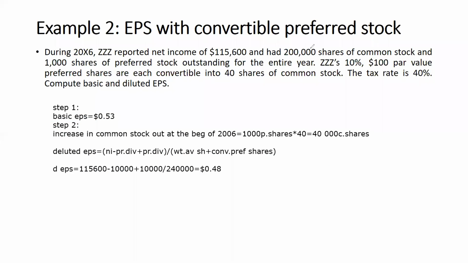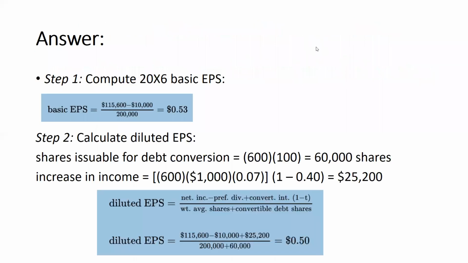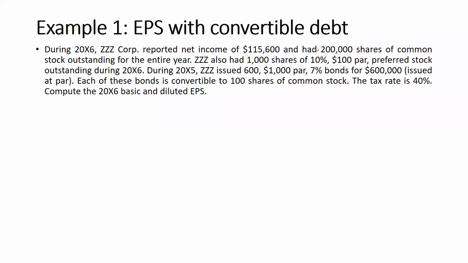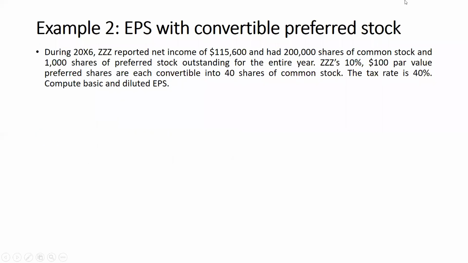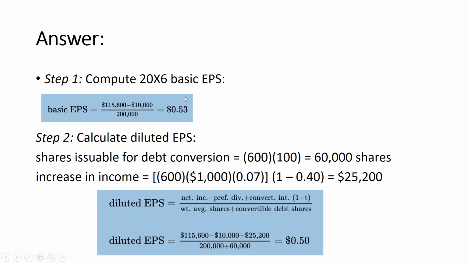You wrote the same, but also you wrote basic EPS fully, so this is EPS with convertible debt. Where is the solution when we did it? Okay, just a second.